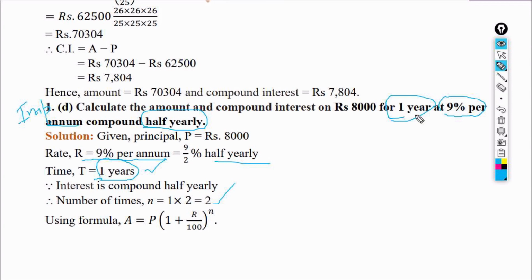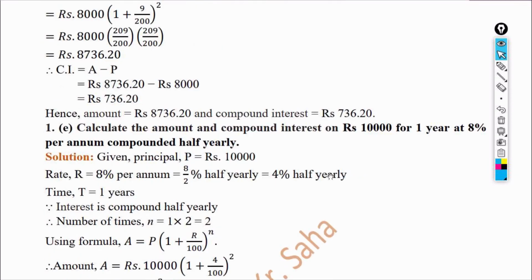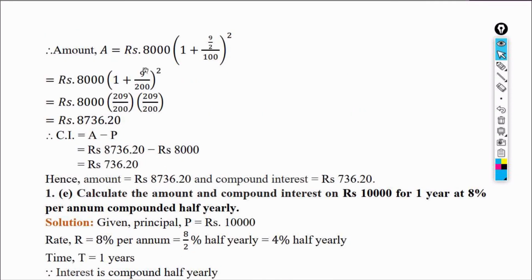Then use the formula for compound interest: A equal to P into 1 plus rate by 100 to the power n. Just put the values. After putting the values, A equal to rupees 8,000 into 1 plus 9 by 2 divided by 100, to the power 2.